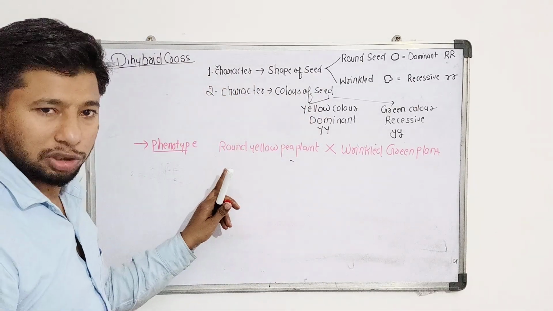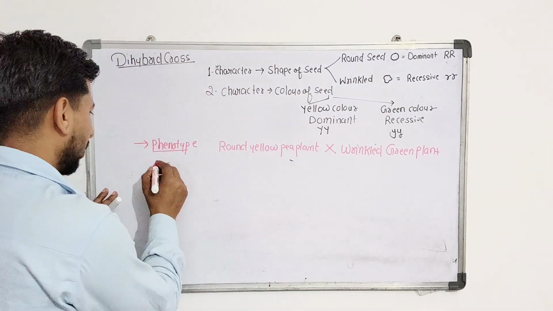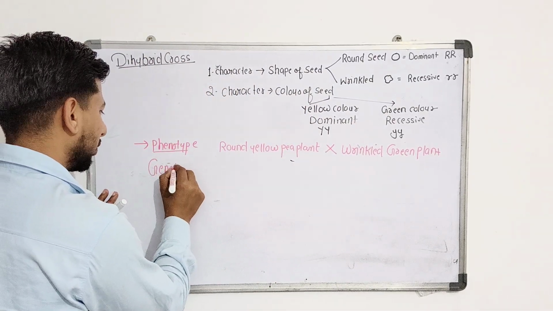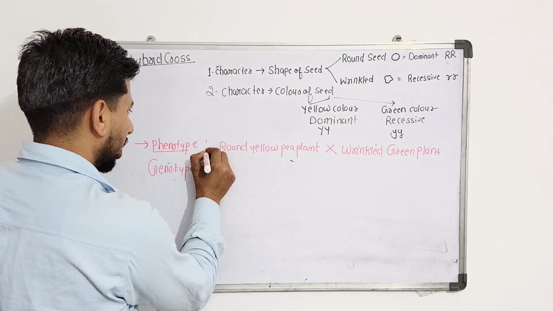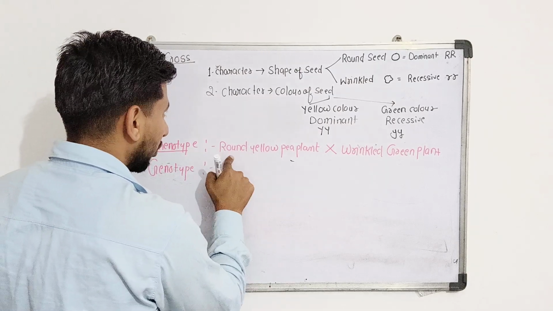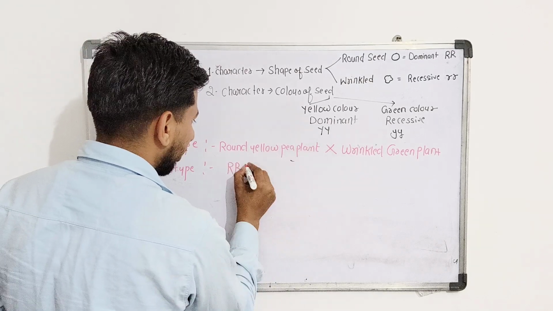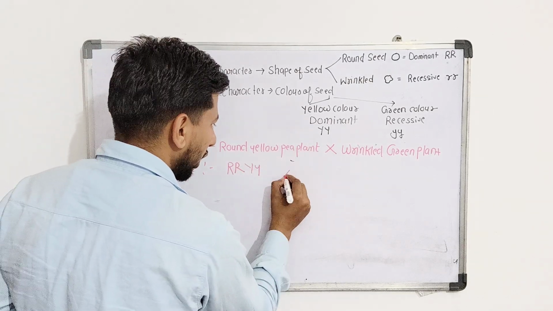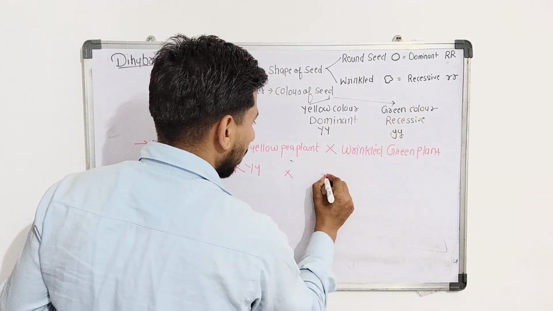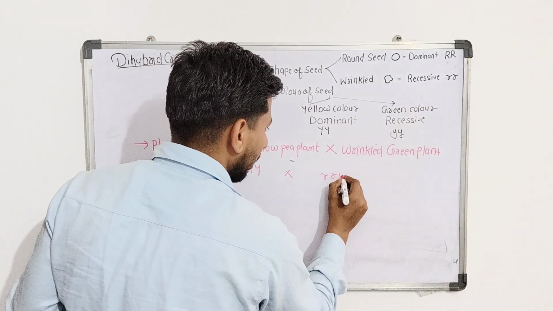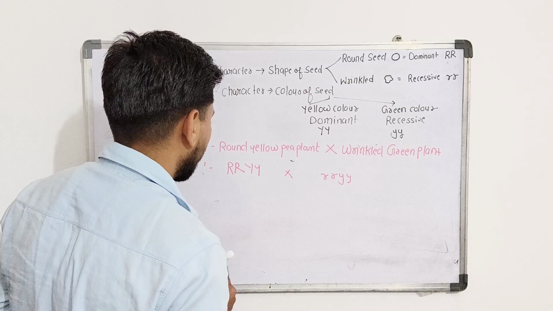This is the phenotype which appears morphologically. What is the genotype of this? The genotype of this is round capital R, yellow capital Y, into wrinkled small r, green small y.